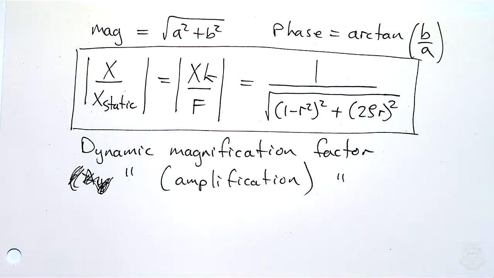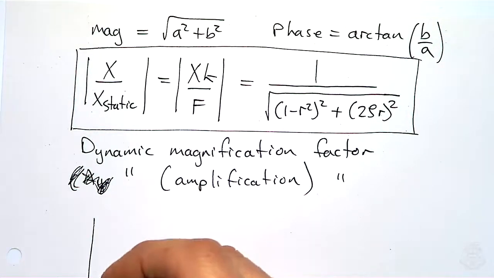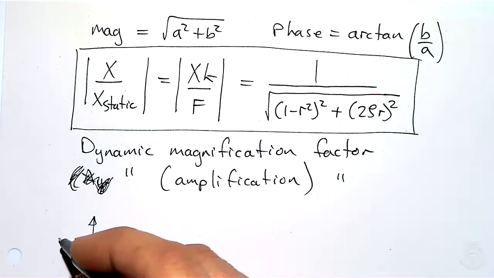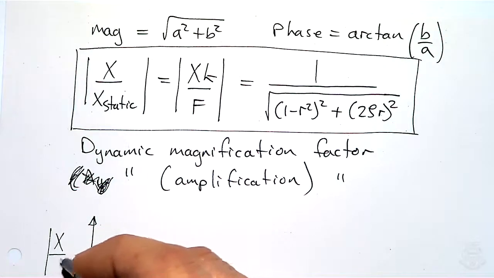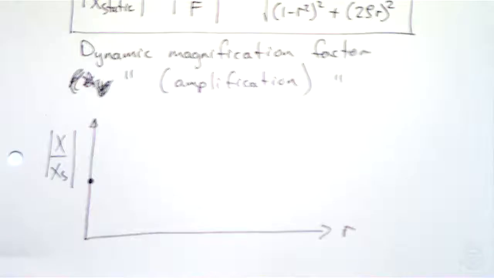So let's try and have a look at what this looks like in terms of the graph. Again, in the lecture slide pack, there's some diagrams. So if we draw the magnitude of x over x static in this direction, and r in this direction, what do we get?